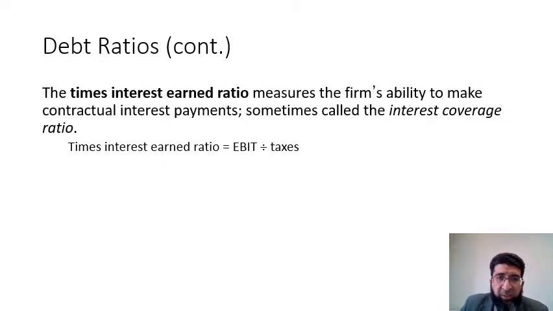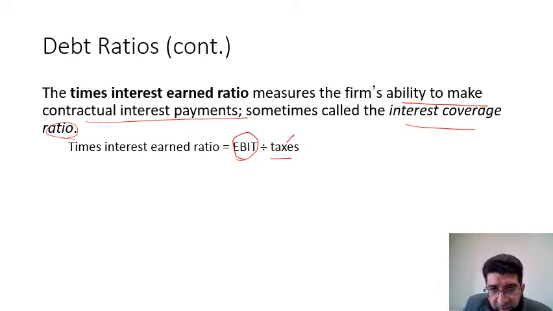Then we have the times interest earned ratio that measures the firm's ability to make contractual interest payments, sometimes called the interest coverage ratio. This is basically EBIT divided by, sorry, this is not taxes, this is interest.